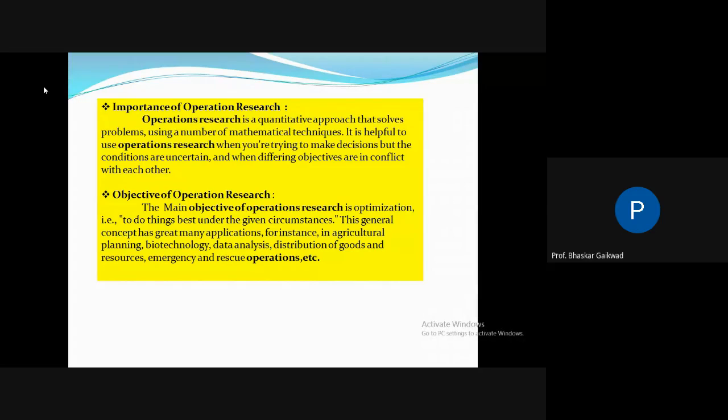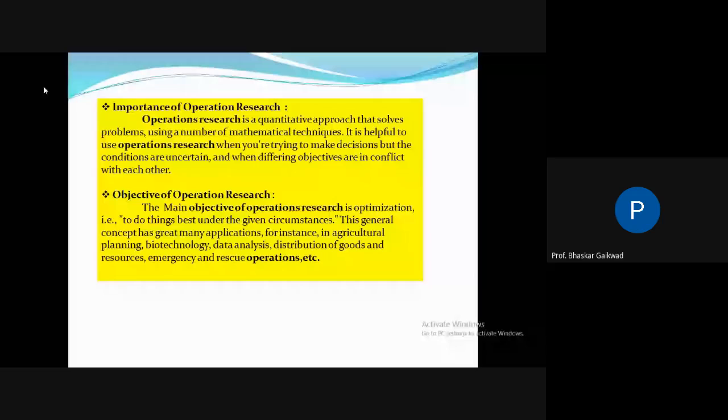For instance, in agriculture, planning, biotechnology, data analysis, distribution of goods, resource planning, and rescue operations. In rescue operations also we can make use of operation research. Resource planning of man, material and machine can also be done.